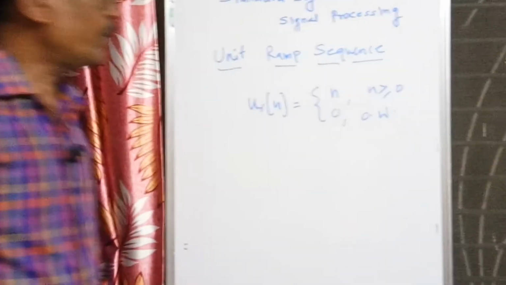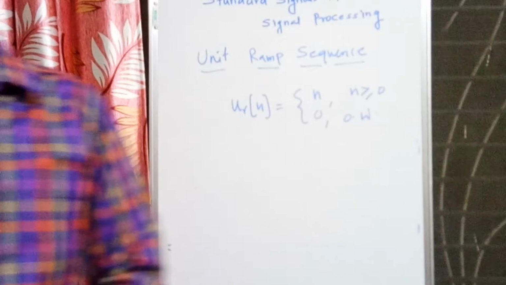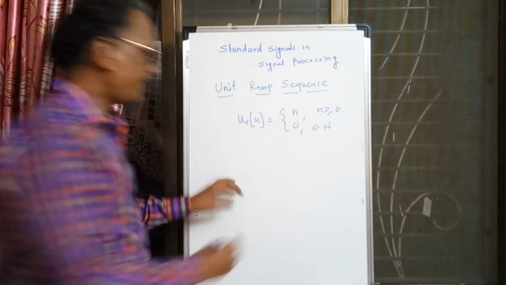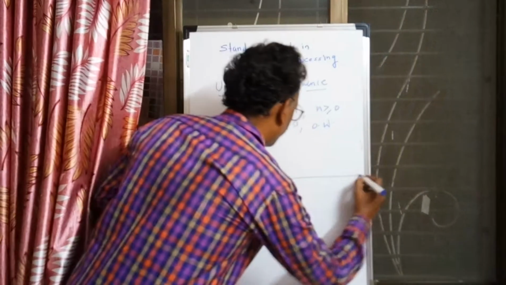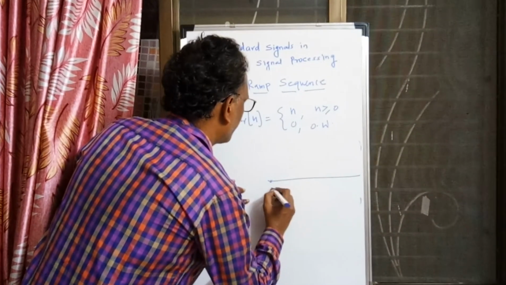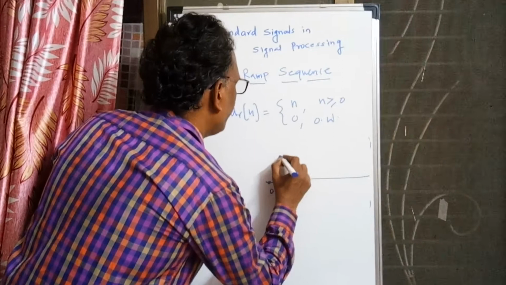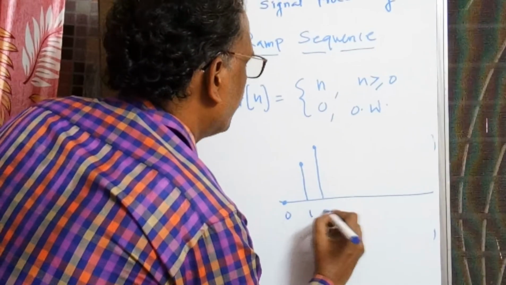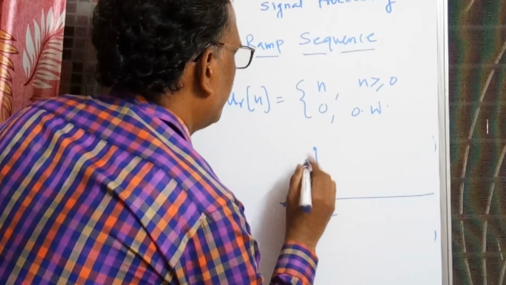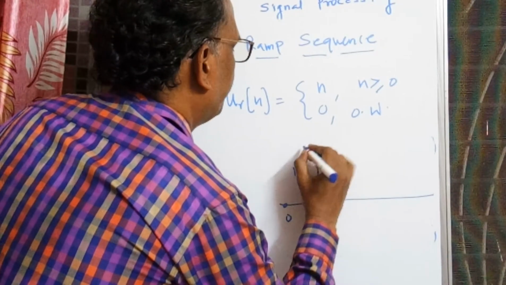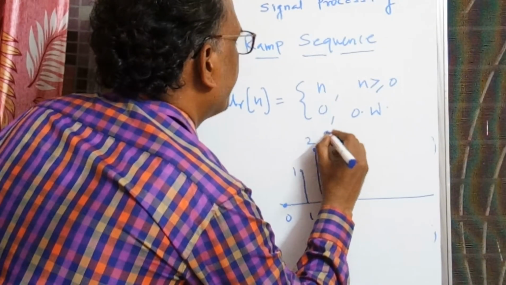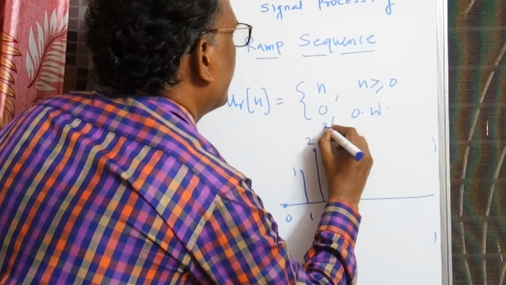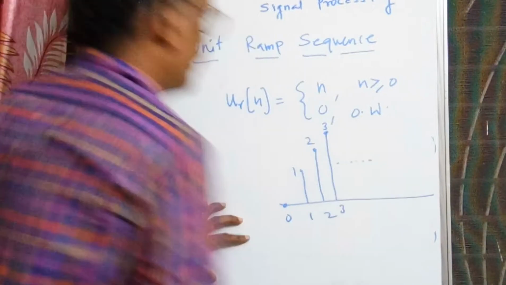If n equal to 0, the signal is 0, n equal to 1, the signal is 1, n equal to 2, the signal is 2. Likewise, as n increases, the amplitude of the signal also increases. At 0 the amplitude is 0, at 1 it is 1, at 2 it is 2, at 3 it is 3, and so on.